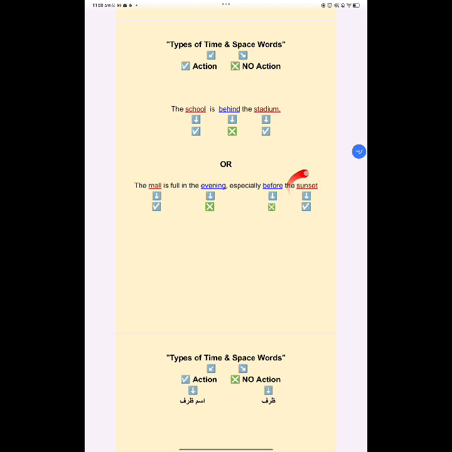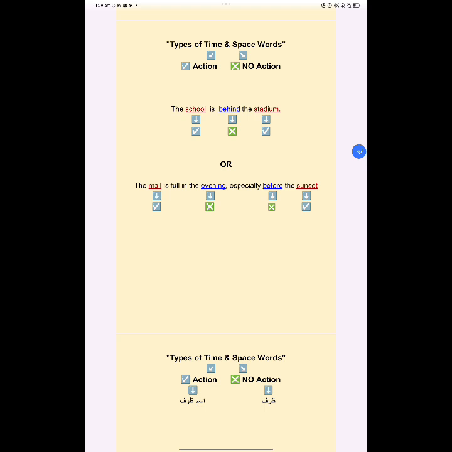The word sunset is zarf zaman because it is indicative of a time period, or simply time, right? And does it have any kind of action associated with it? It kind of does. It tells you that the sun is setting. So yeah, this word sunset has an action associated with it explicitly.